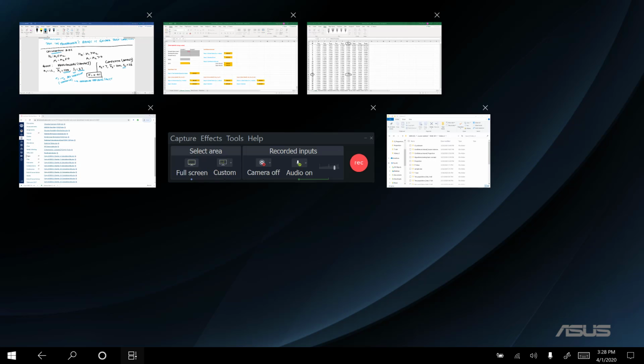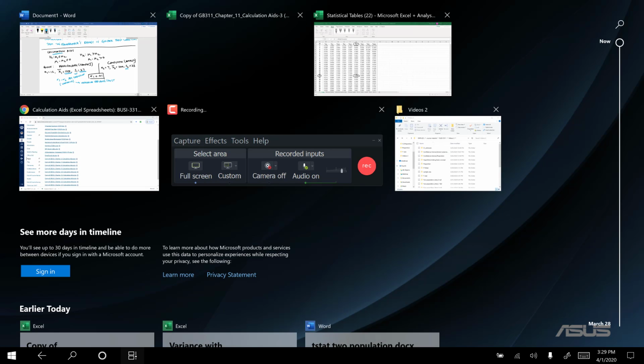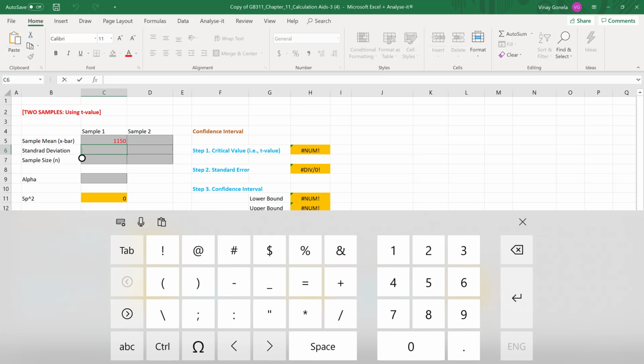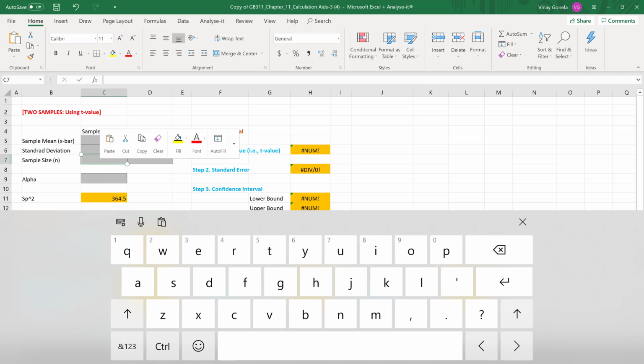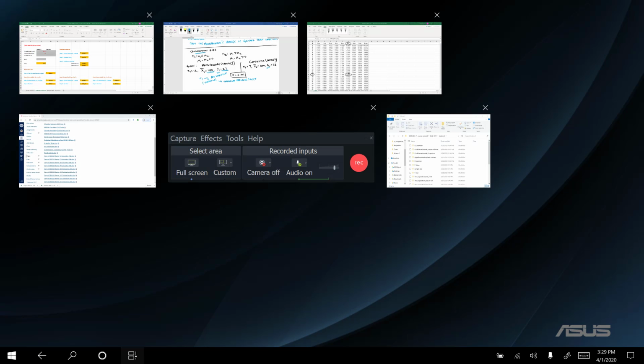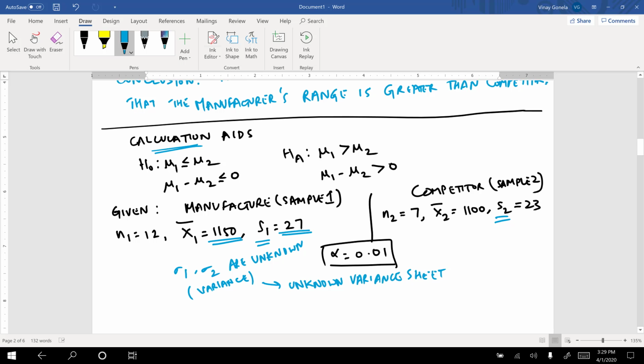So I will do 27, and then sample size n1 is 12.